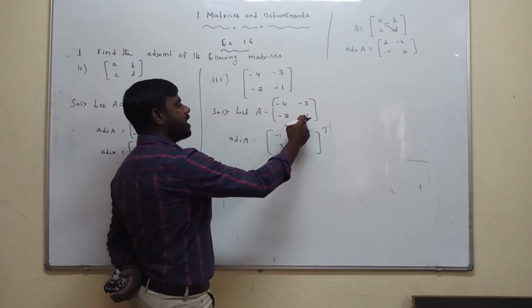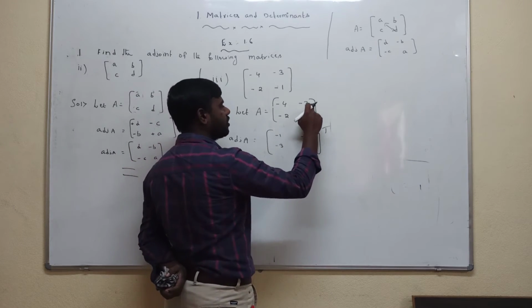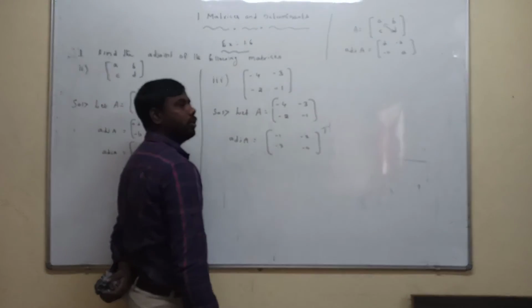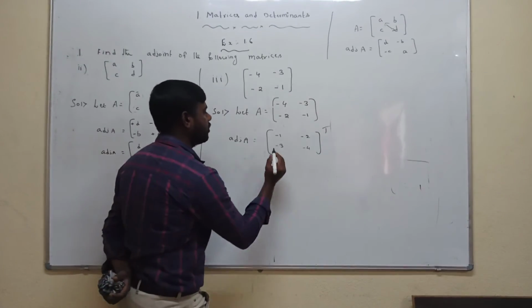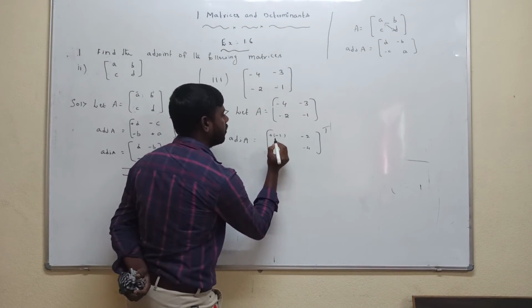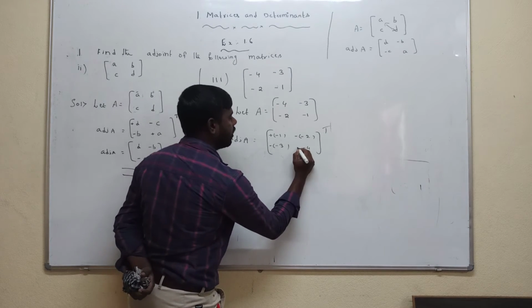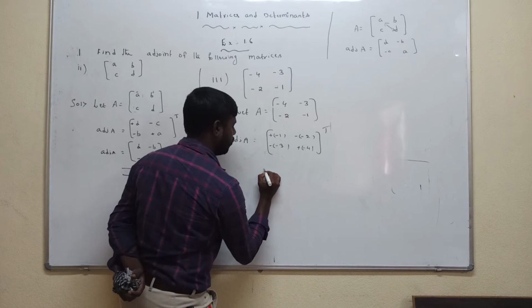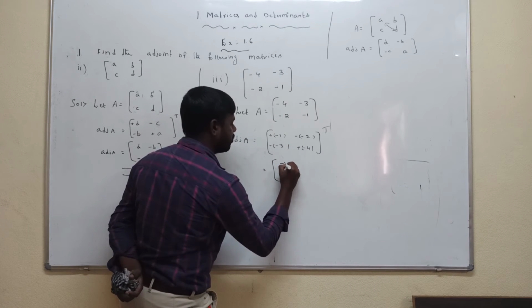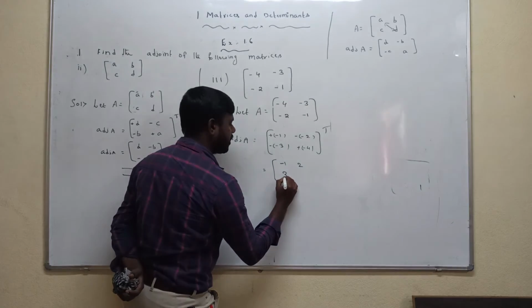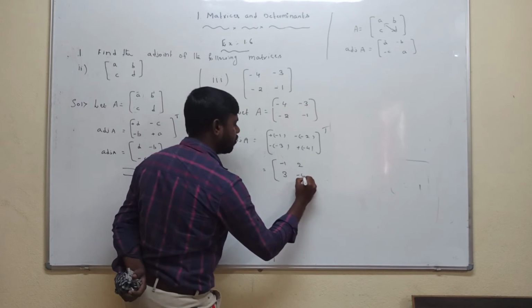Next, -1 is present in the second row, second column, so eliminated, and the left of the element is -4. After that we mention the symbols plus or negative: here negative, here plus. So plus into -1 is -1, minus into -2 is plus 2, minus into -3 is plus 3, plus into -4 is -4.